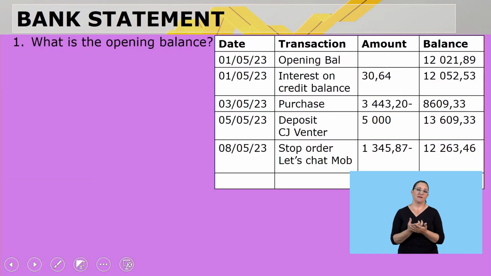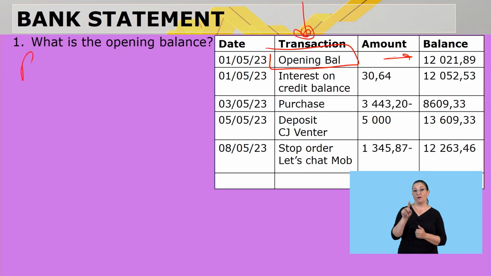Let's look at an example. What is the opening balance of this account? So we are going to look at the transactions, looking for the description opening balance. There it is. So the opening balance is 12,021 Rand and 89 cents.